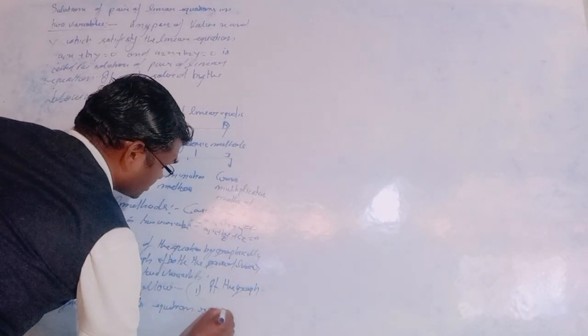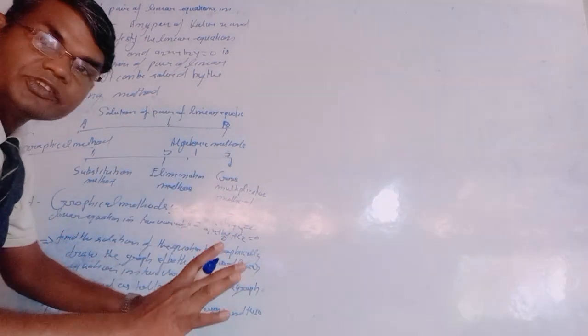If the graph of the system of linear equations represents two intersecting lines, what happens with two intersecting lines?